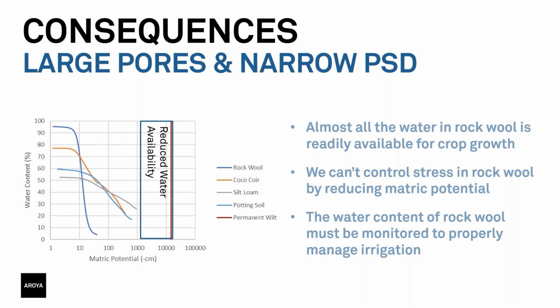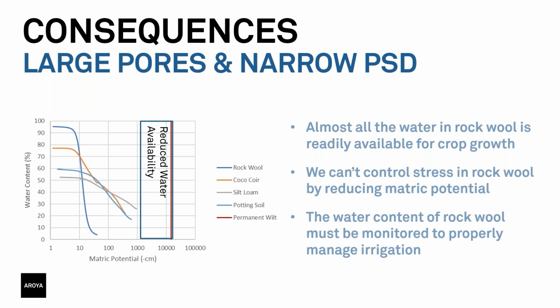In other words, there's still a lot of water in the soil when the plant wilts. Our usual way of knowing when to water is to watch the plant for signs of stress. When we see those, we water the plant. With soil, there's still plenty of water in the soil when these signs become evident.